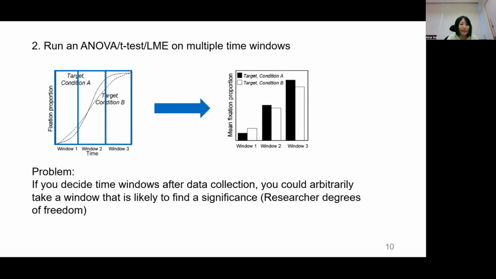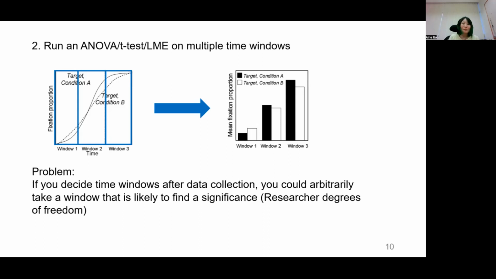But if you do that, you could arbitrarily take a window that's likely to find a significance. So this is often called the researcher degrees of freedom. That is, you can choose a window that's best for you. If you find a time that shows something you wanted to find, then it's really tempting to take that window.